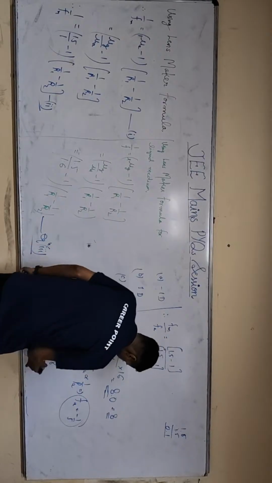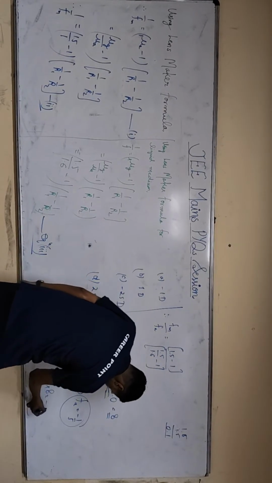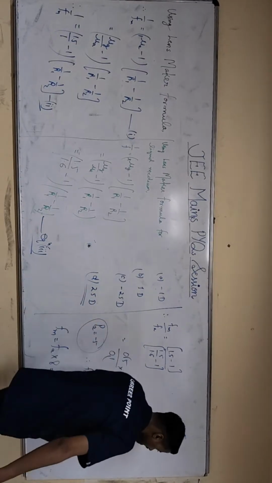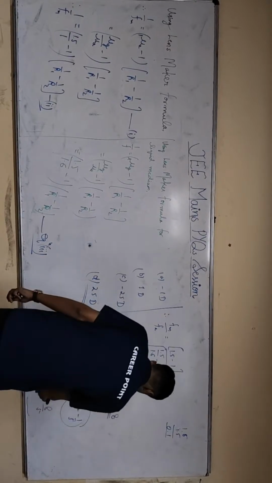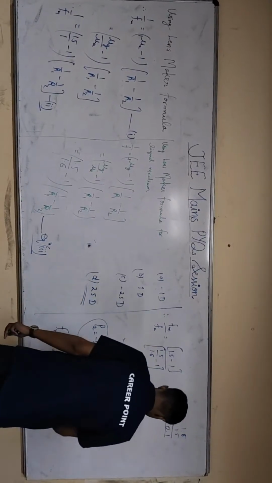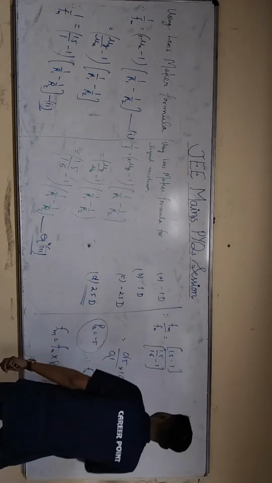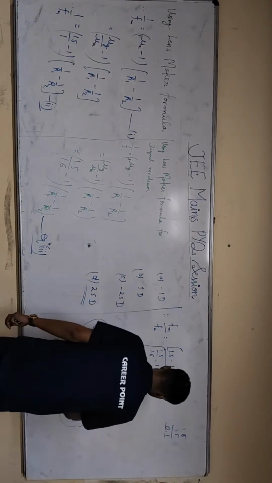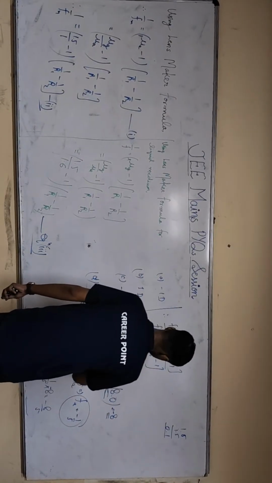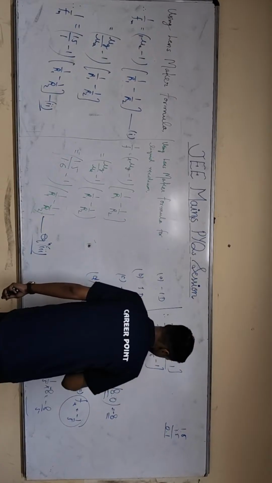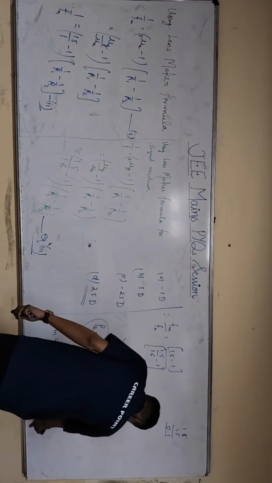The value of f air is something around minus... I hope it's clear. The minus cancels out, so it becomes 8.5.